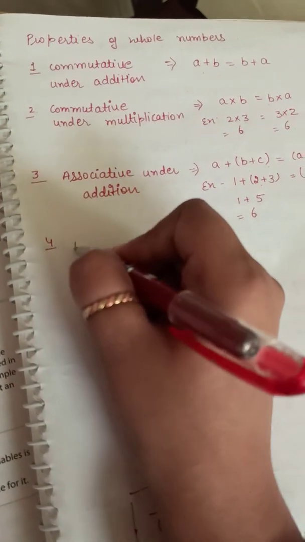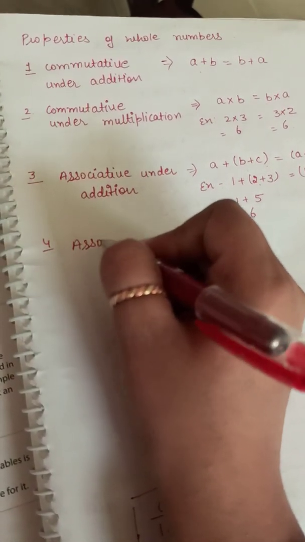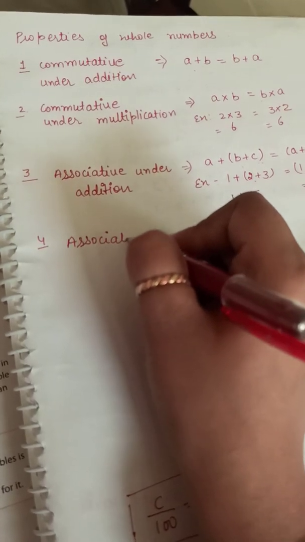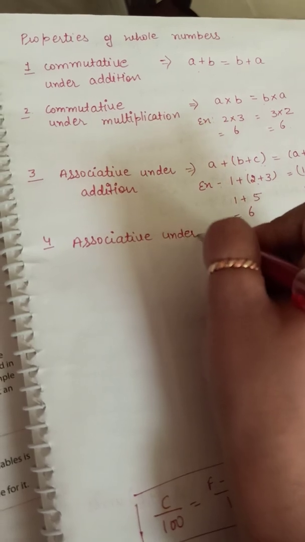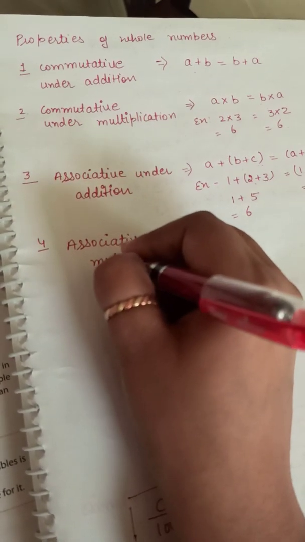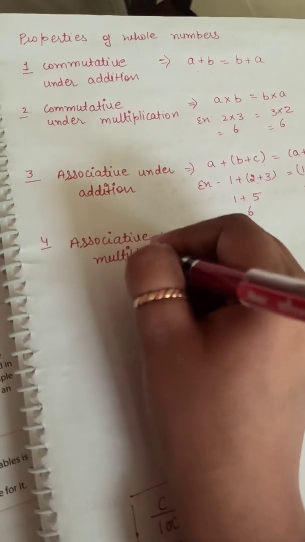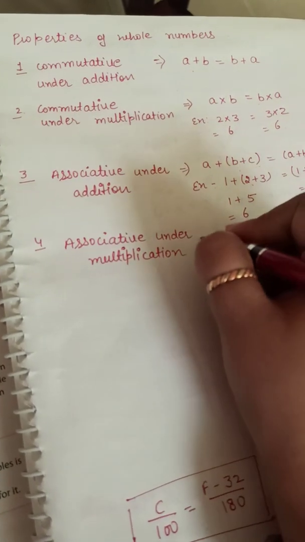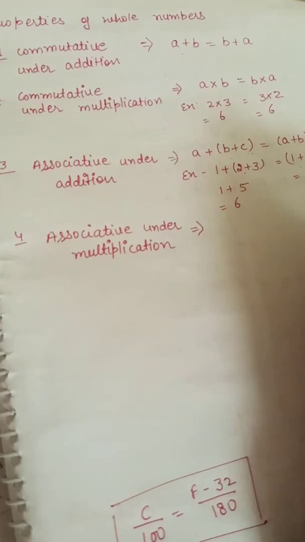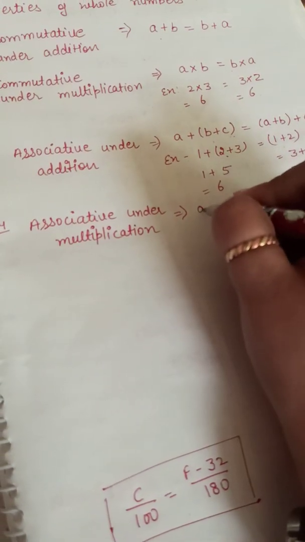Now the fourth property, associative under multiplication. In this also the order will be the same.